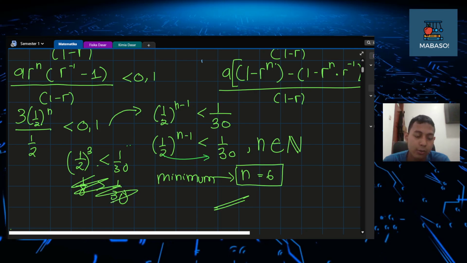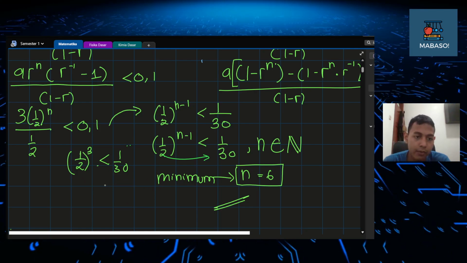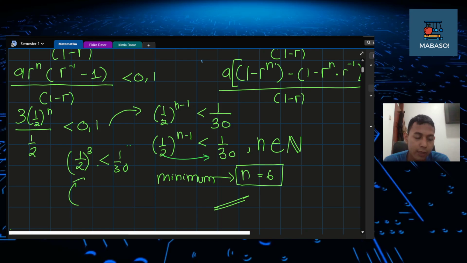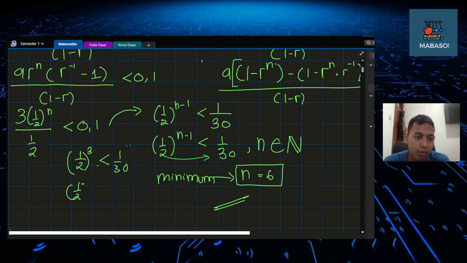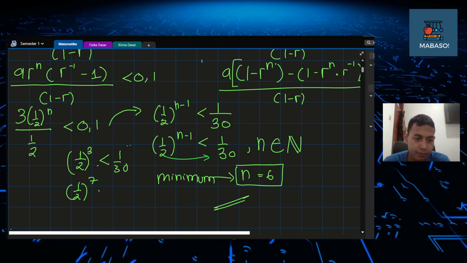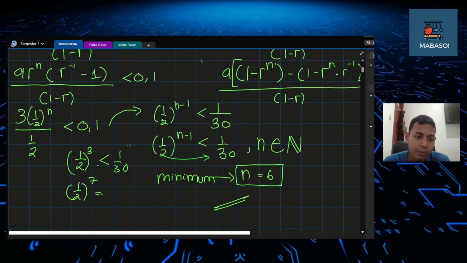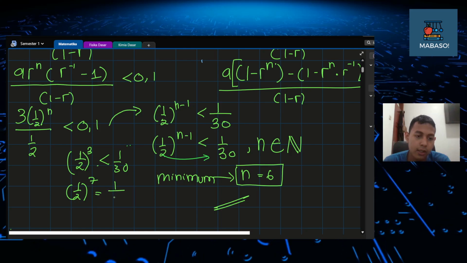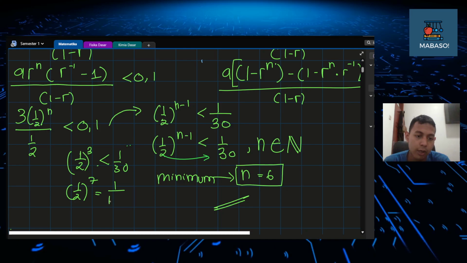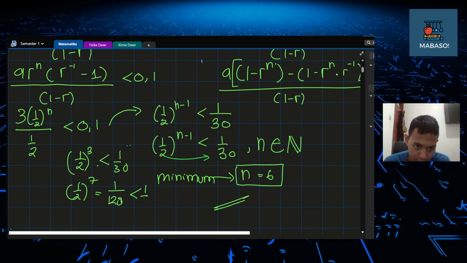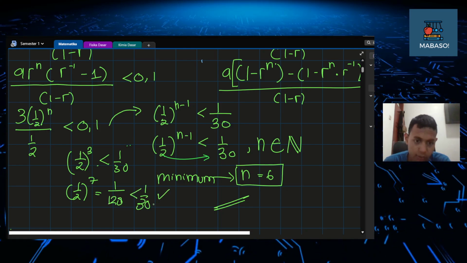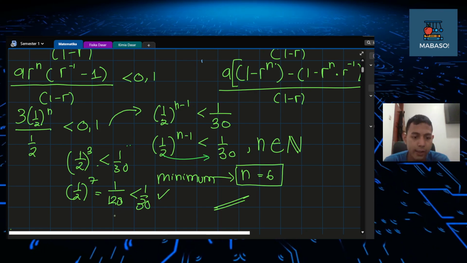Okay, so what is the minimum of it then? What if I choose 1 over 7? This would be 1 over 128, and this inequality will still be true then, right?